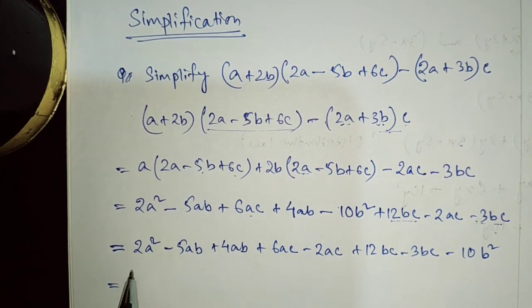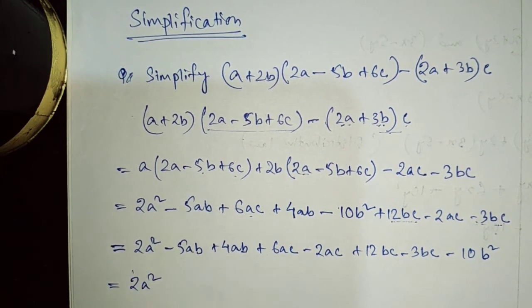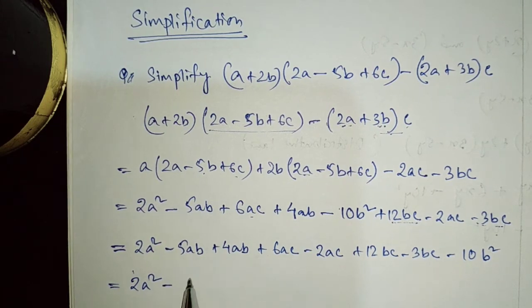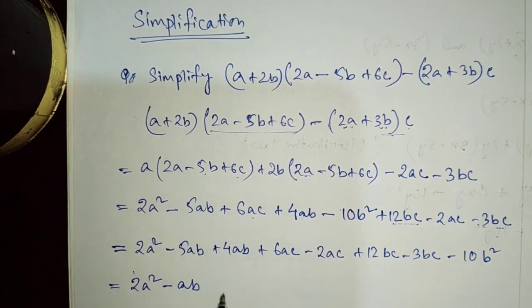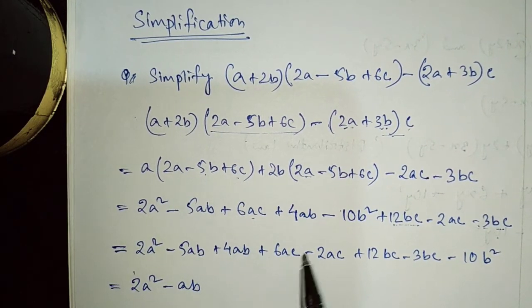So the next step will be 2a square, minus ab same, so minus 5 plus 4 will be minus 1. So minus 1ab will be minus ab. Minus 1ab and minus ab are the same thing.